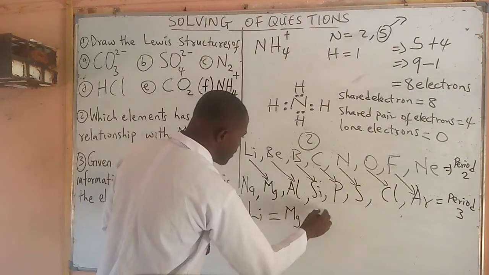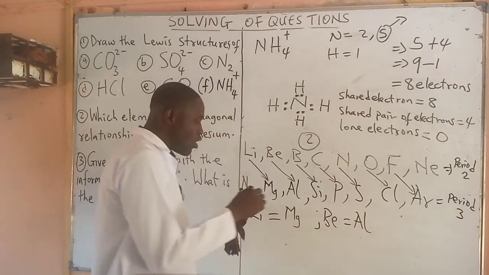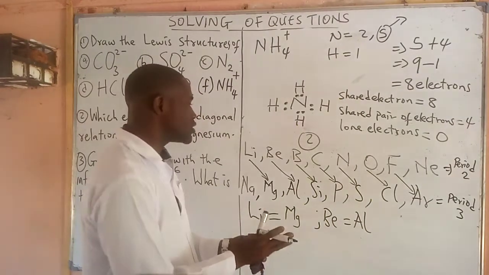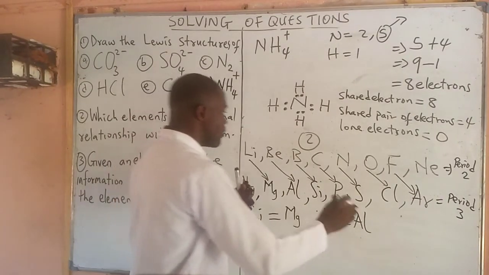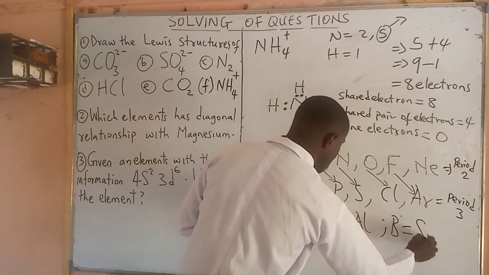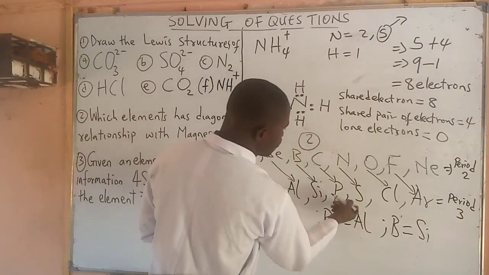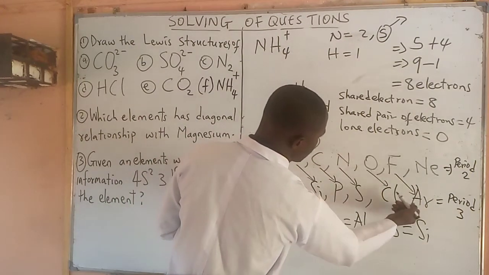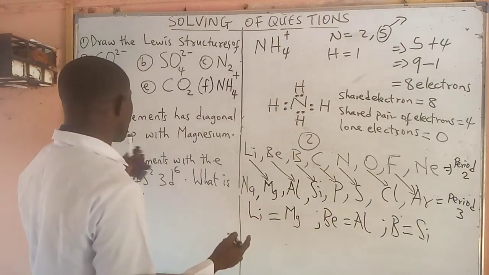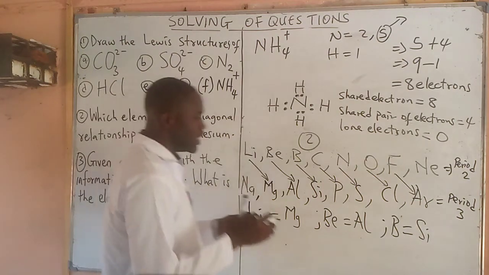Beryllium has a diagonal relationship with aluminium. That is, they will have similar chemical properties. That is what we mean by having a diagonal relationship. Then boron with silicon, carbon with phosphorus, nitrogen with sulfur, oxygen with chlorine, fluorine with argon. So the question says, which element has a diagonal relationship with magnesium? The answer is lithium.